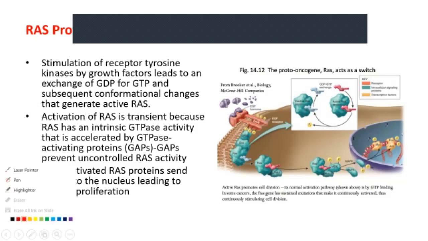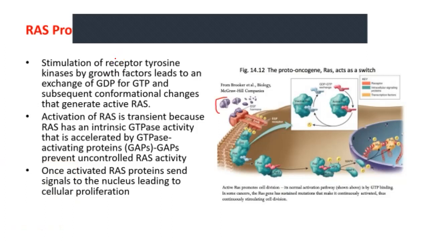You see here, just follow the diagram. I'll just put a slide here. You can follow the diagram. So this is a growth factor, and this is a growth factor receptor. Bound to the cell surface there is a RAS protein, which is a signal transduction molecule, which is responsible for relaying the signals that are present.